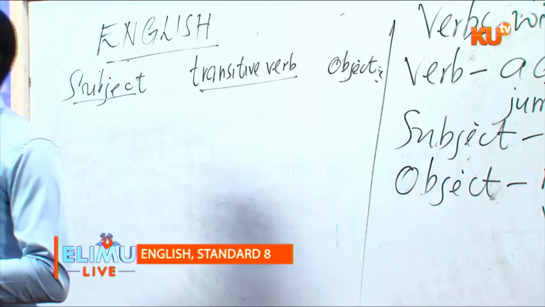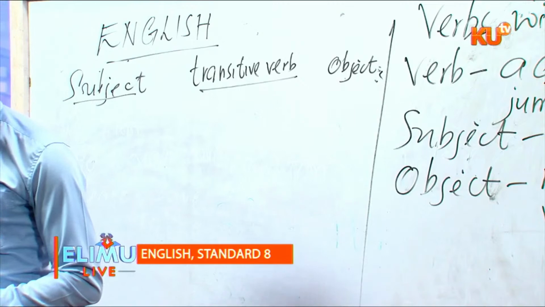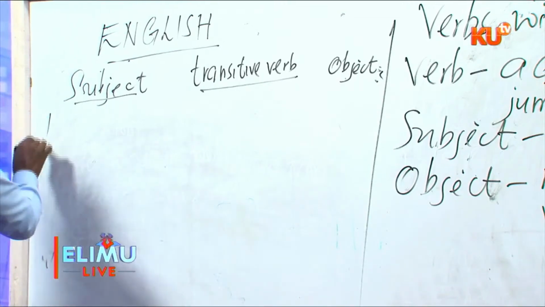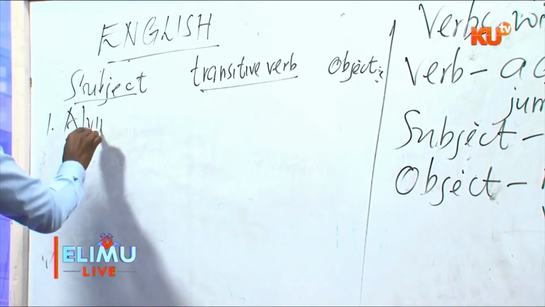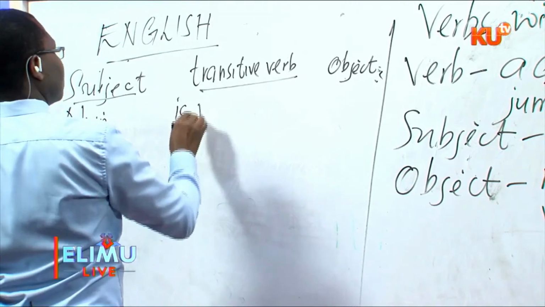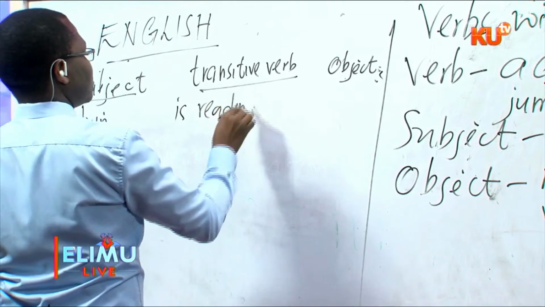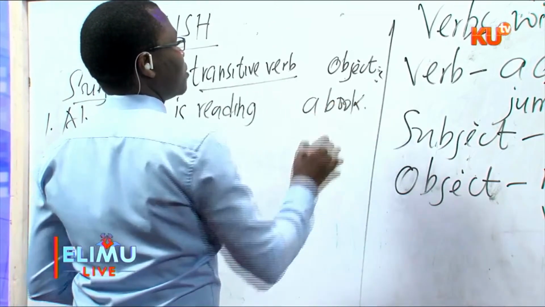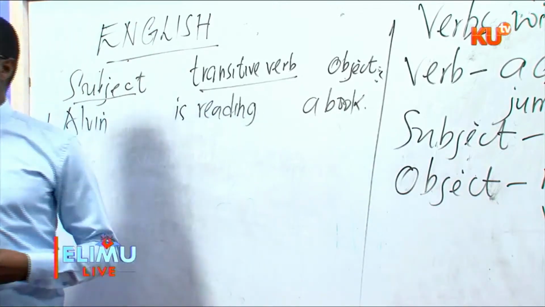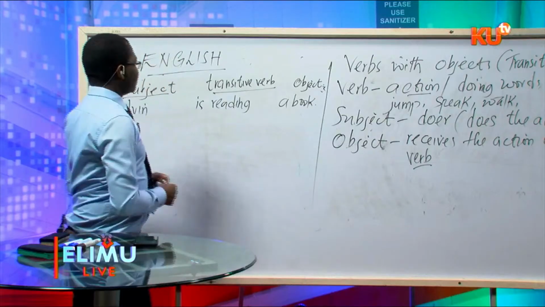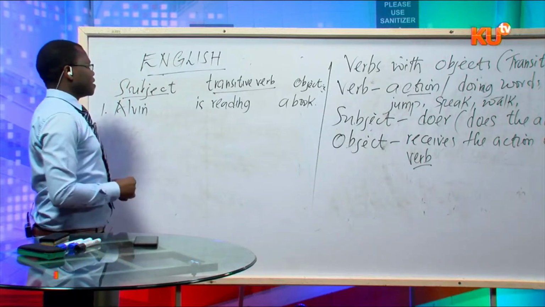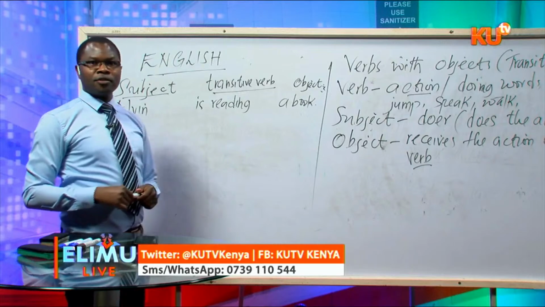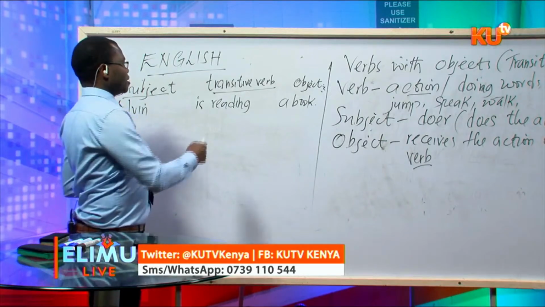Example, Alvin is reading a book. Verbs with objects. In this sentence, the subject is Alvin, and what Alvin is doing is reading.